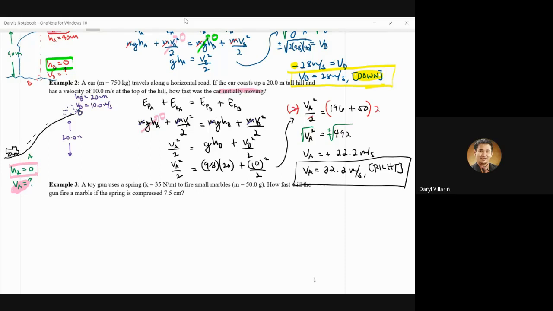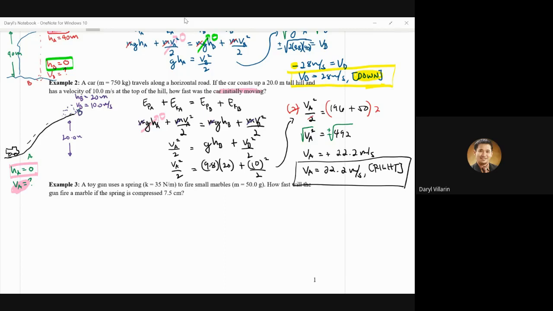Because if you have upward there, that means that you are gaining some height. Okay, if you're gaining some height, remember that you'll gain gravitational potential energy. But if you have a spring, you have another form of potential energy, right? We call it the spring potential energy.